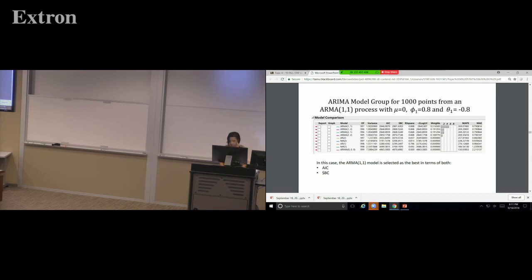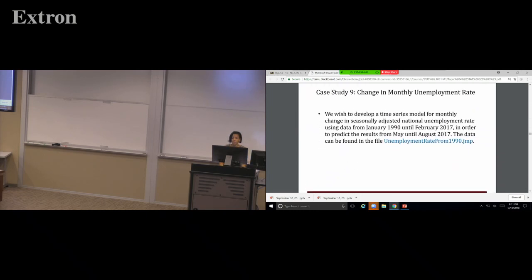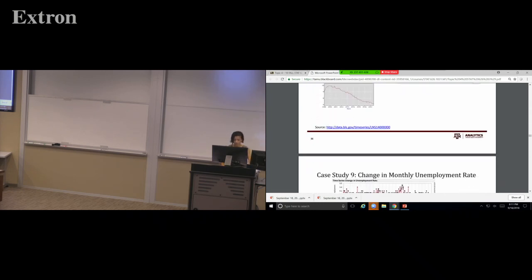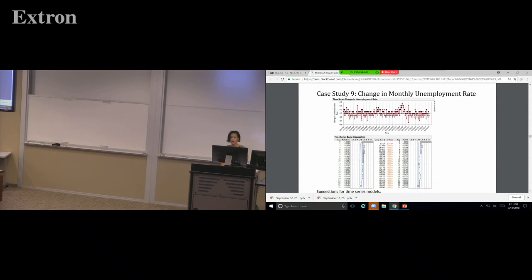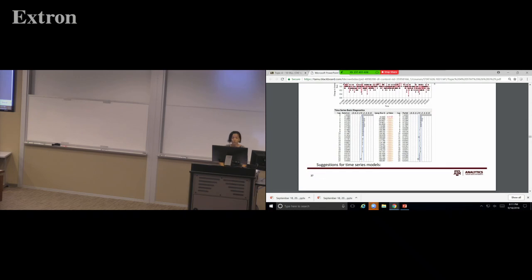So back to where we are. Where we're going, the monthly unemployment rate data, that's what we're going to investigate. And what we saw was that the autocorrelation function and the partial autocorrelation function don't give us a clear and definite place to look. It gives us lots of combinations we can investigate, but it doesn't tell us clearly where to go. So what are we going to do?